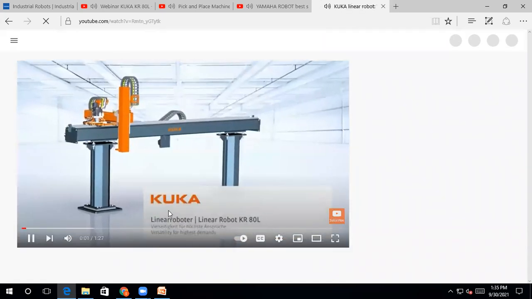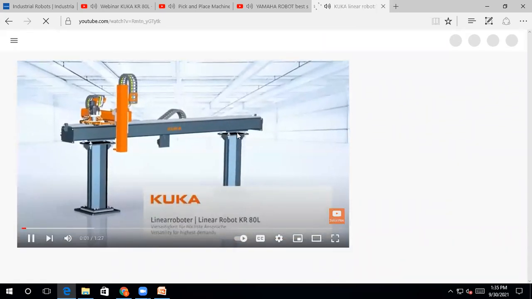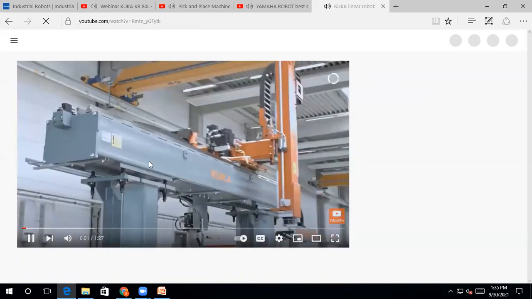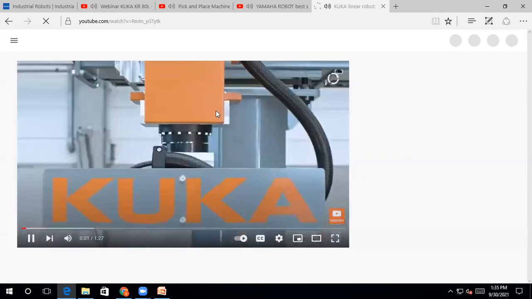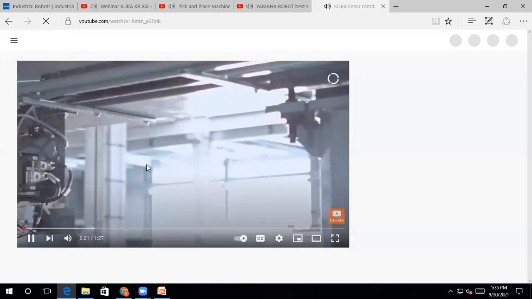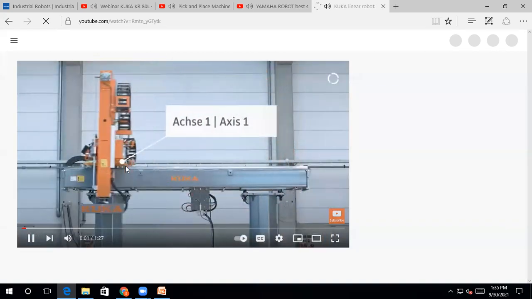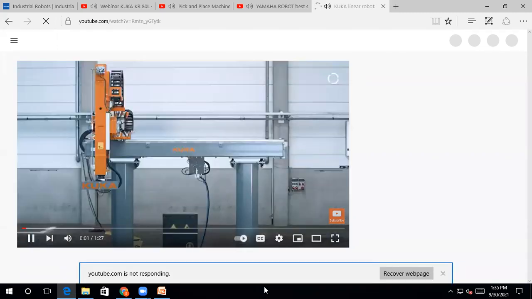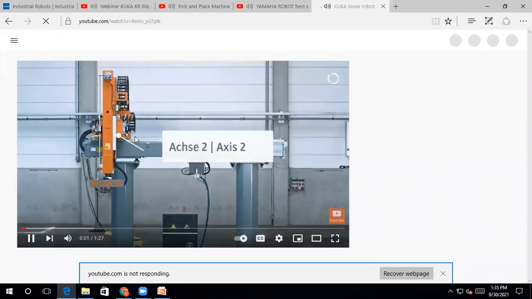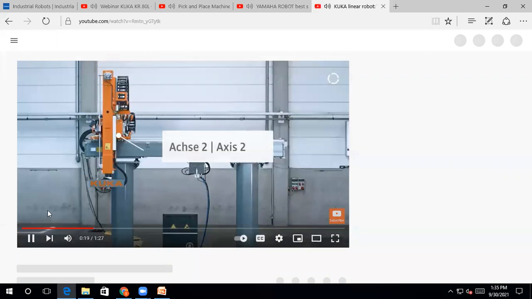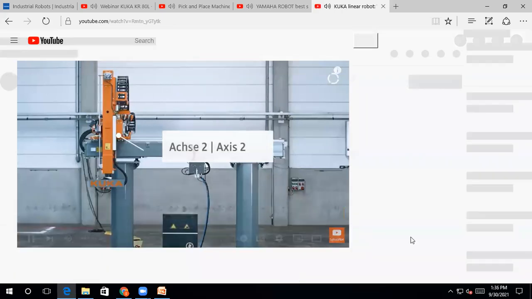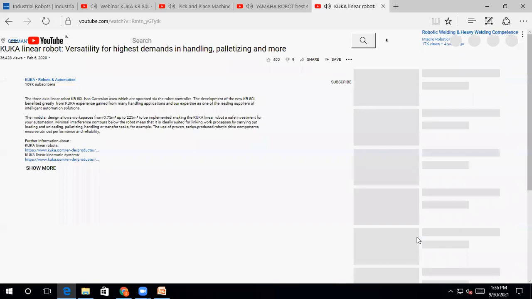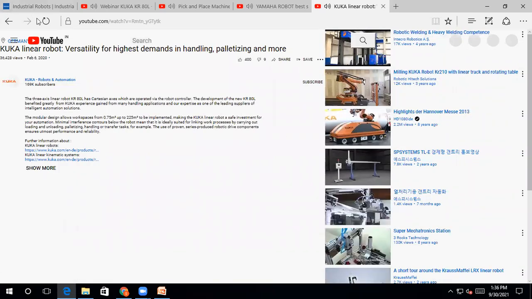This is the gantry robot, crane type robot. See that this is X axis. This is Z axis coming forward. Axis 1, axis 2, coming out and going inside.